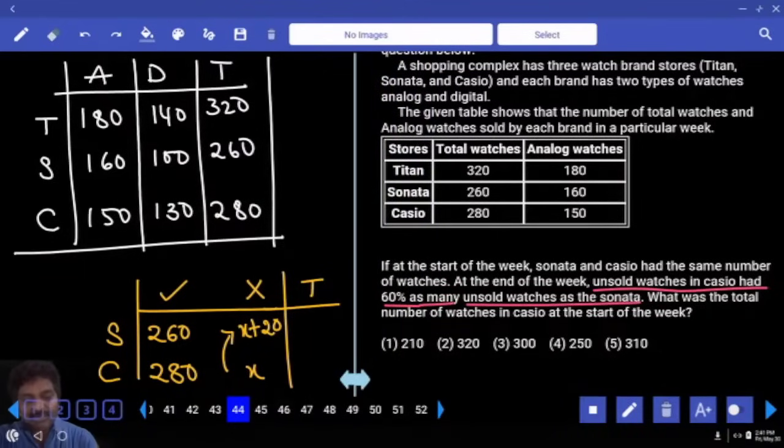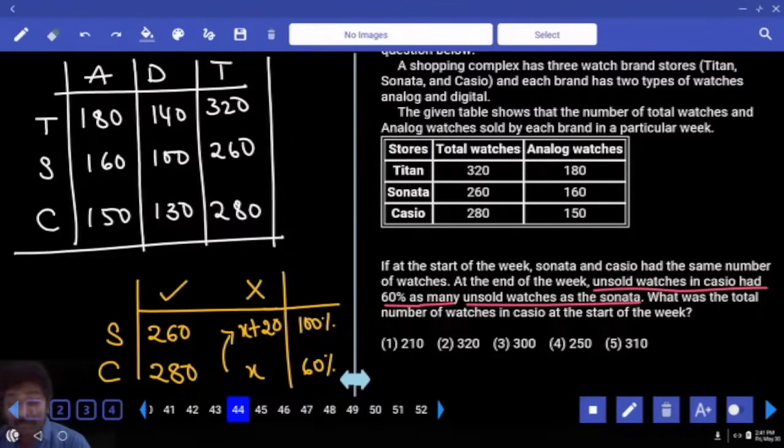That means Sonato unsold watches are 100%. Casio 60%, according to the underlined statement. Casio unsold watches are 60% of unsold watches of Sonato.